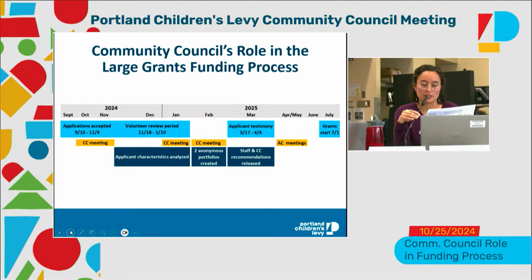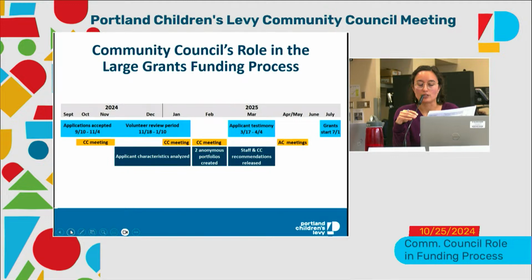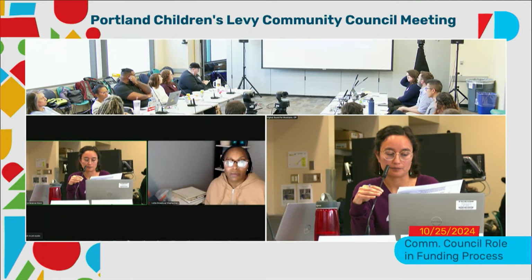During this conversation, we will not talk about individual applicants, nor will we share any applicant names or identifying information. Instead, we will be sharing de-identified, Levy or program-wide applicant characteristics and ask you to think through what qualities characterize applications you want to recommend for funding.